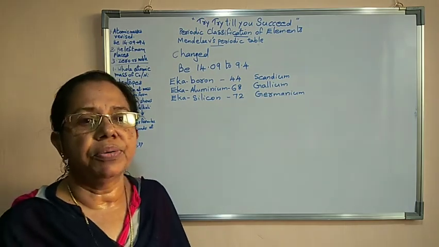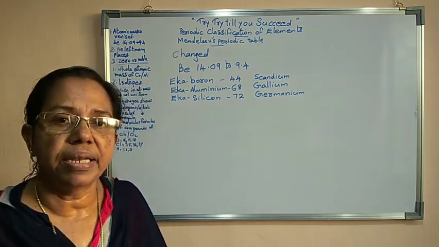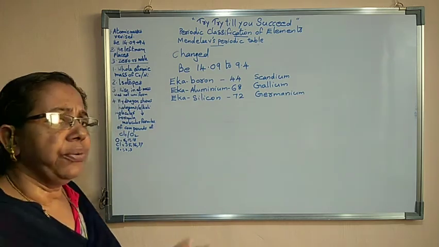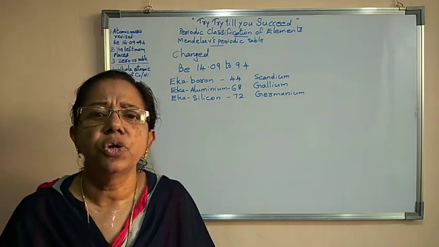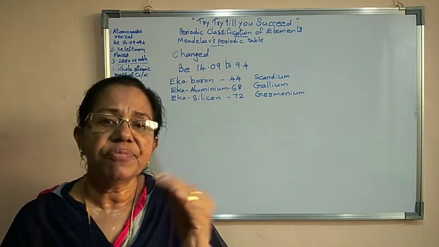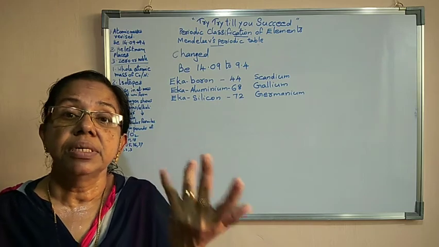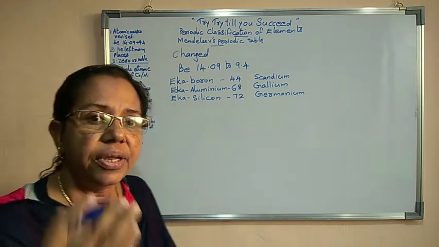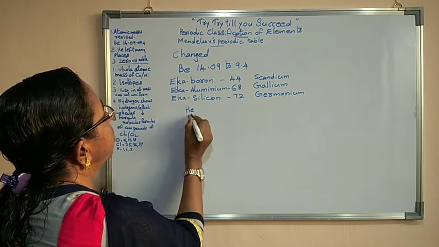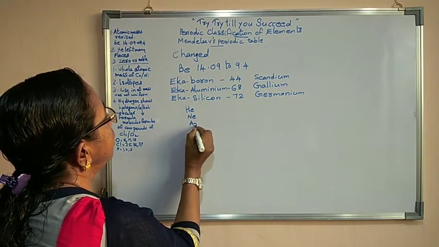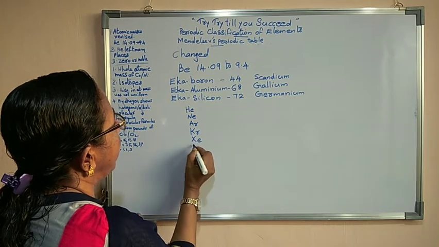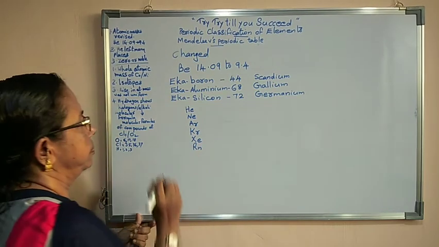Now we are studying the third merit of Mendeleev's periodic table. He didn't leave any place for noble gases. Are you knowing about the noble gases? Noble gases are helium, neon, argon, krypton, xenon and radon.